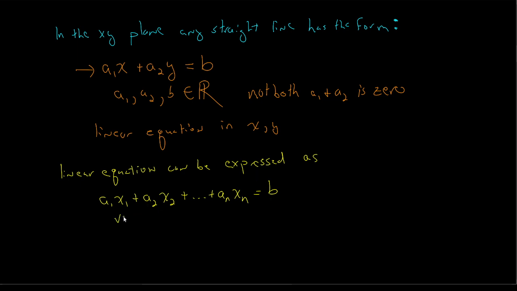We can call the variables unknowns, and in this case, because we might run out of alphabetical letters, we want to be able to talk about any number of unknowns.